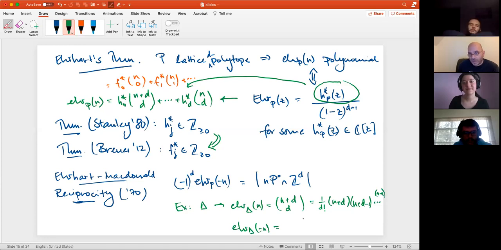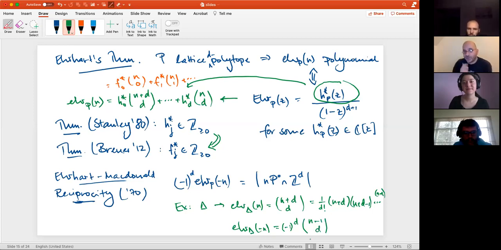And so, if you now take this expression and plug in negative n, up to a sign, you will get the binomial coefficient n minus 1 choose d, correct?